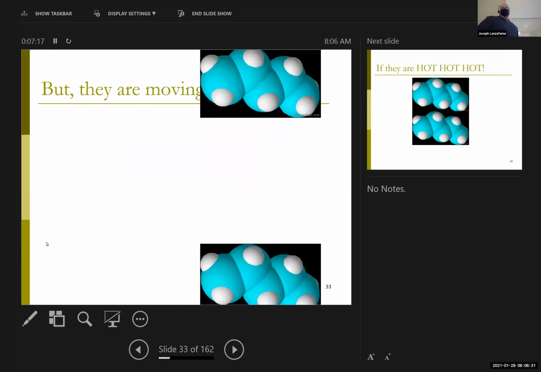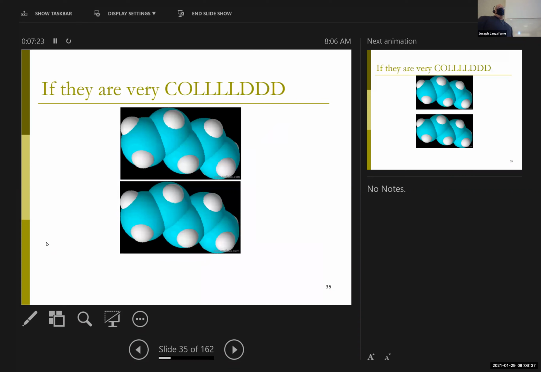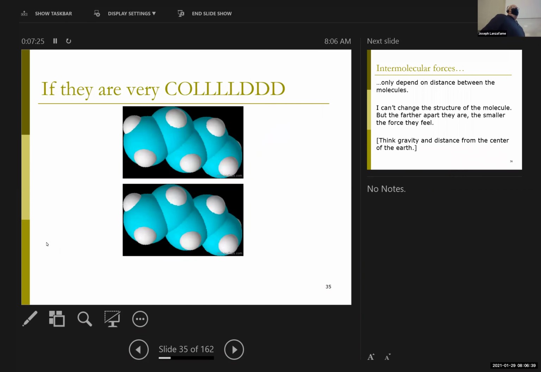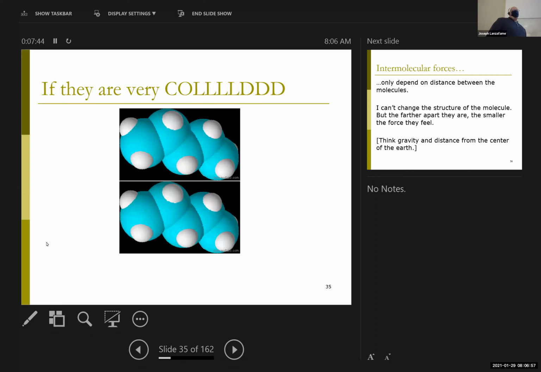Because they're moving, they're not always stuck, depending on how hot or cold they are. If they're moving, because again, they're always moving, this is my best attempt to give you a non-static picture. If they're moving slow enough, they're still moving, but not quickly enough to escape the intermolecular forces. So in this case, it's a solid, and they're sort of moving relative to each other, but they can't escape each other.